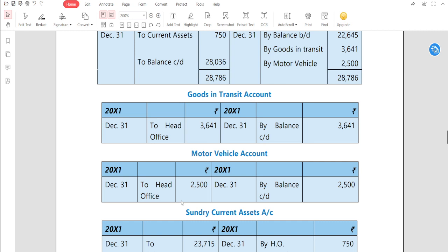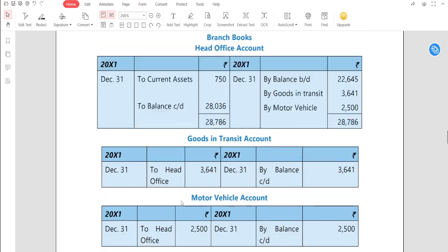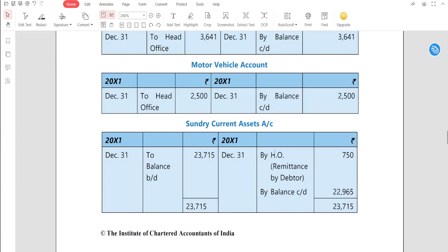So can we say that Sundry current asset account will be credited, and if the money has been received, then definitely HO will be debited, because obviously HO received the money, but the entry has not been made in the books of the branch. So HO account debit to Sundry asset account. So HO account should be 750 debited, and by HO remittance by the debtor directly 750.